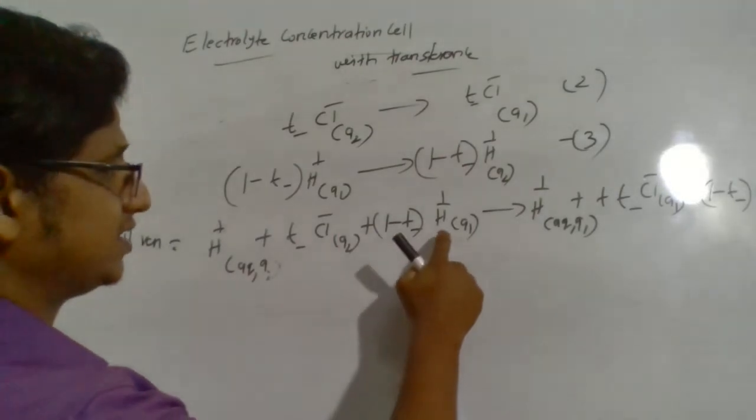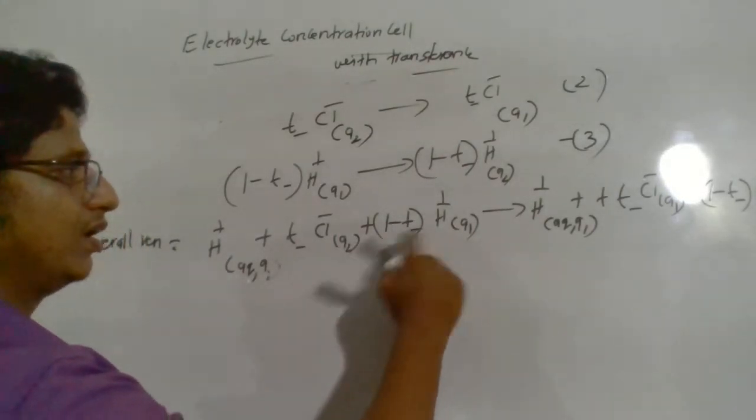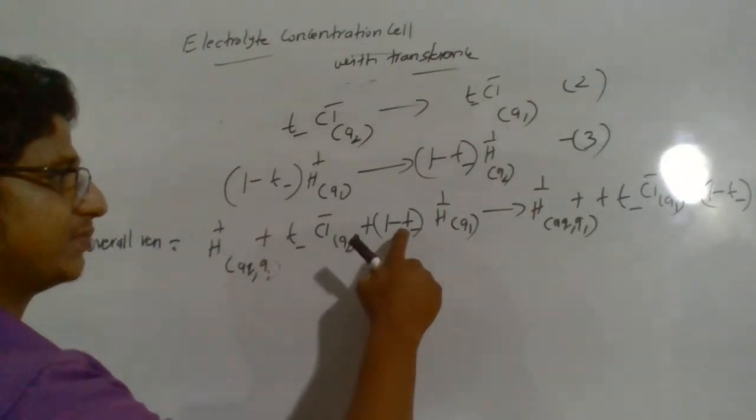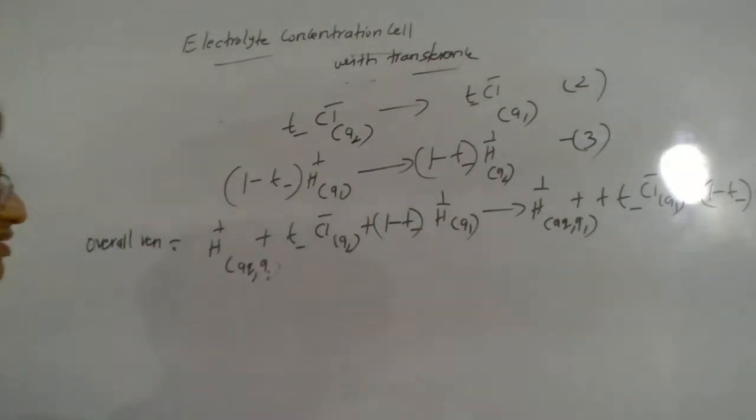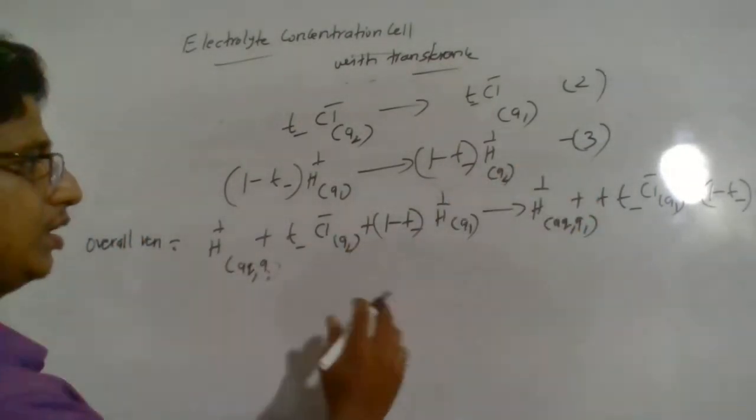So now let us expand this part, 1 minus T minus into H plus. Now you can multiply, so 1 into H plus minus T minus H plus. So let us expand it.